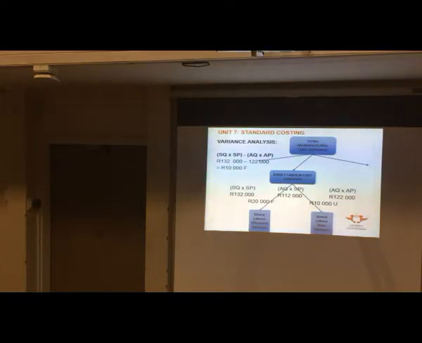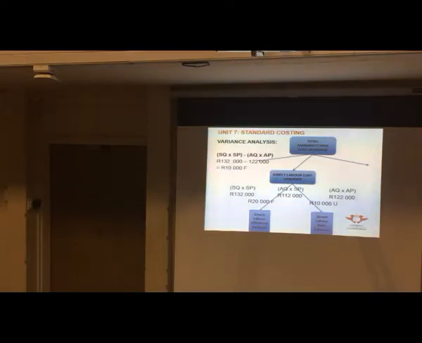Your direct labor efficiency variance is the difference between the 132,000 and the 112, which is 20,000, and it must be favorable because the budget is less than the actual. What you anticipated and what actually happened, the difference is 20,000.